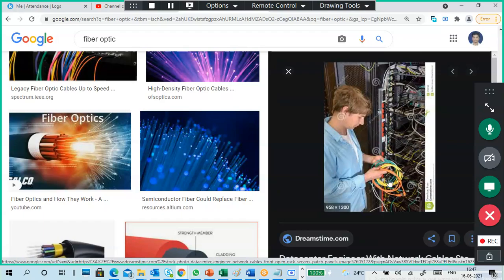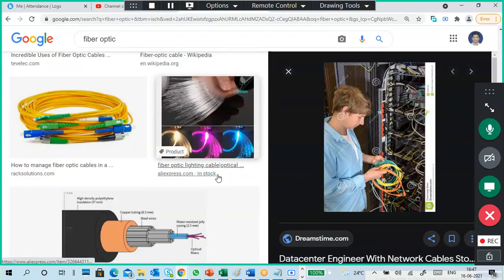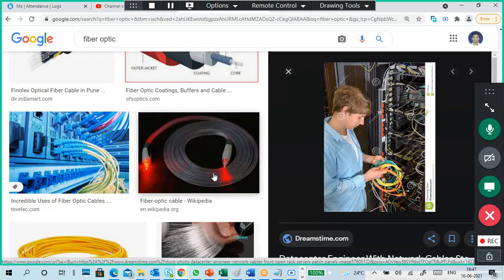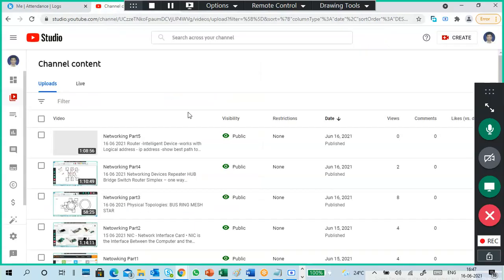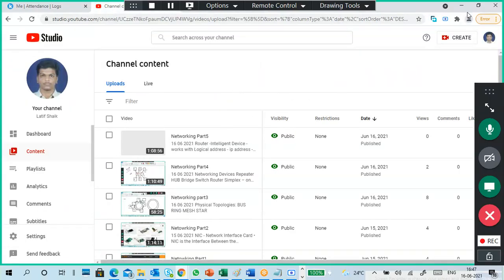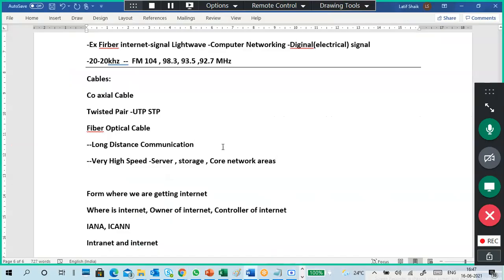Storages access a lot of data. So this much data we are uploading, for example, on YouTube, I'm uploading big data.